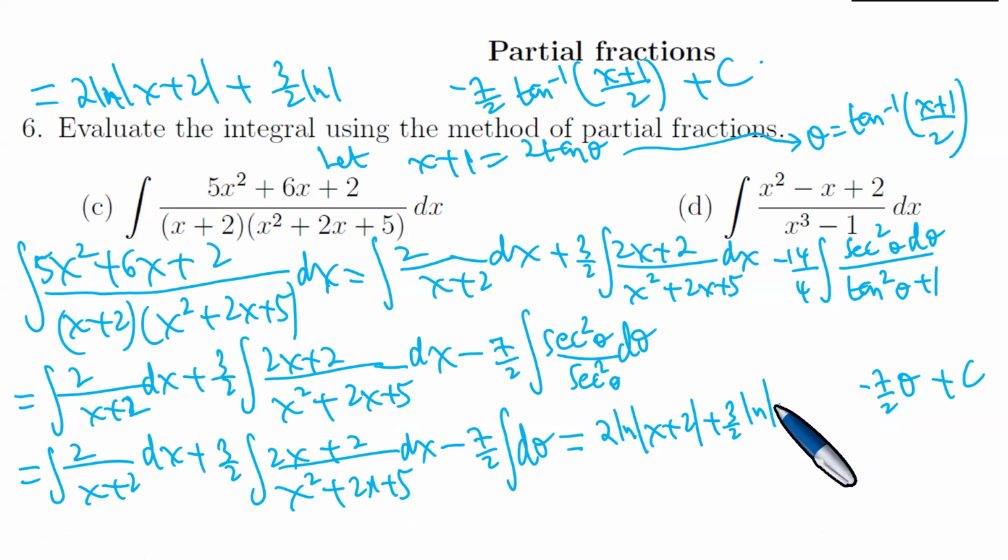So it becomes the ln of x squared plus 2x plus 5. Okay, look at these and think very carefully, but that'll be the answer to question 6C.